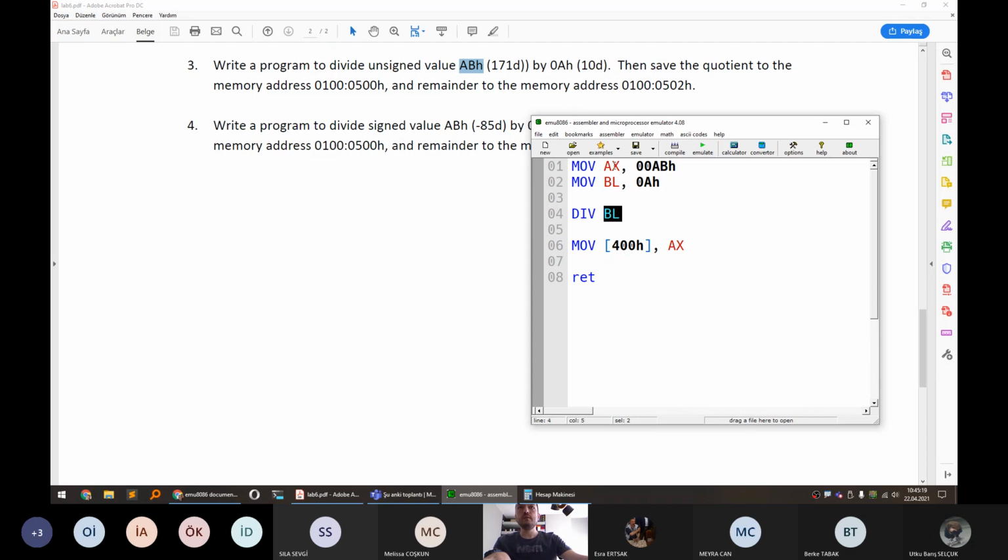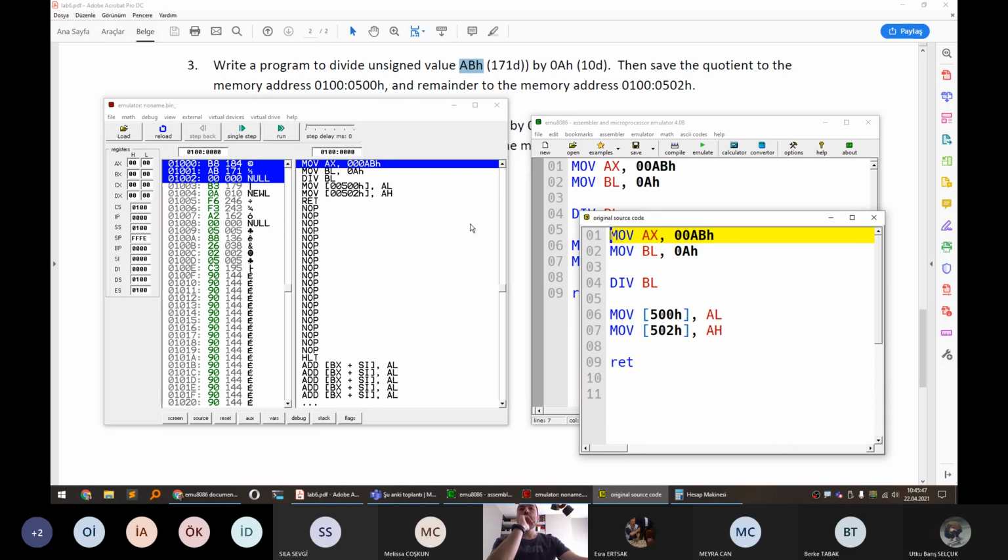The remainder will be in AH. And the result will be stored in 500. The result is in AL. The remainder should be stored in 502. The question won't show us that. Remainder will be in AH. Let's emulate this code.